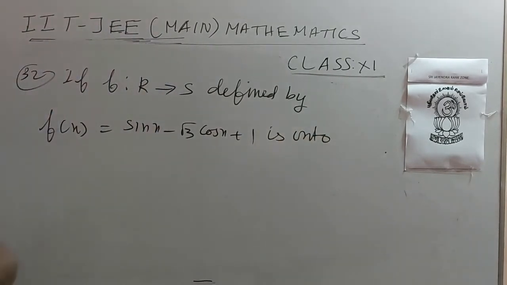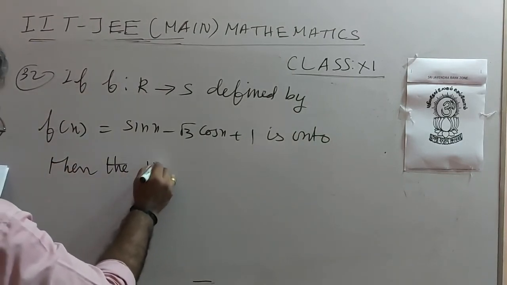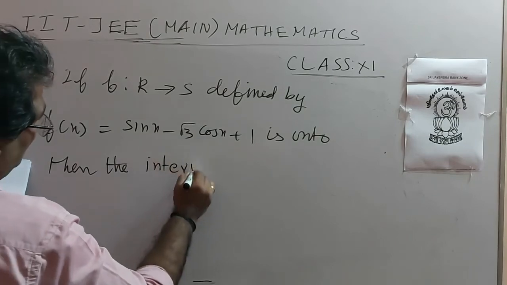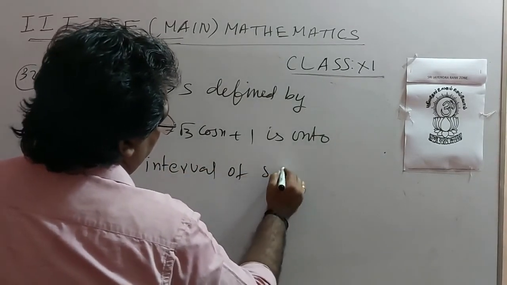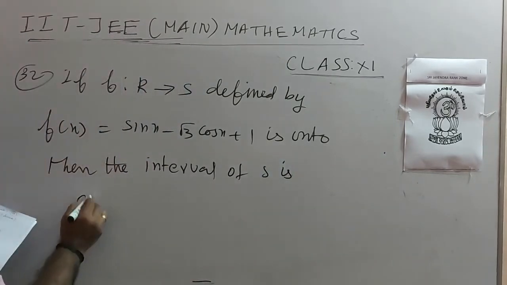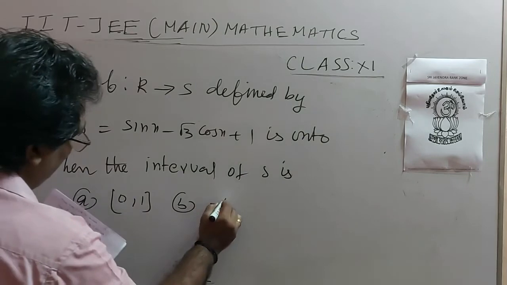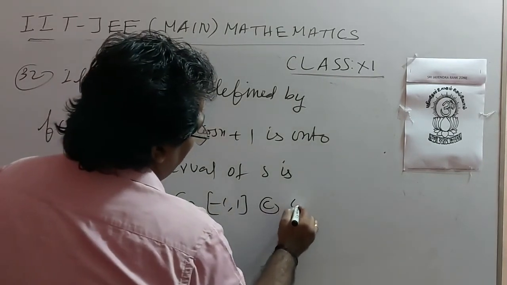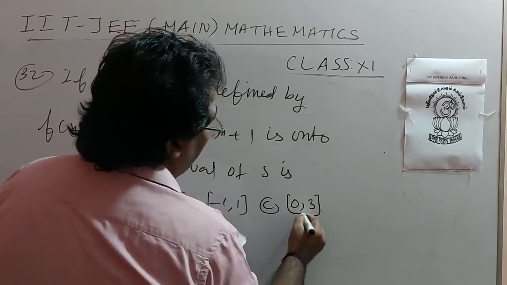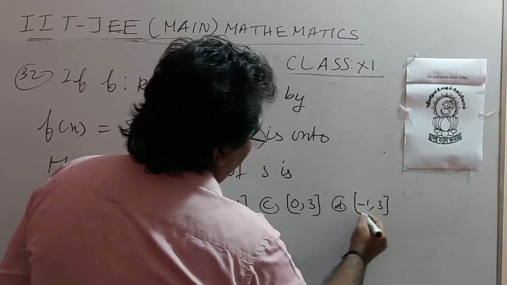If it is onto, then the interval of S is: option A 0, 1, option B closed interval minus 1, 1, option C 0, 3, option D minus 1, 3.